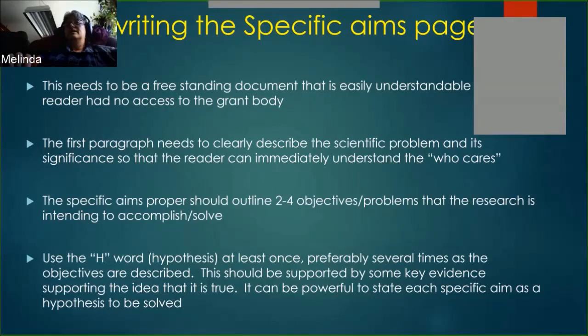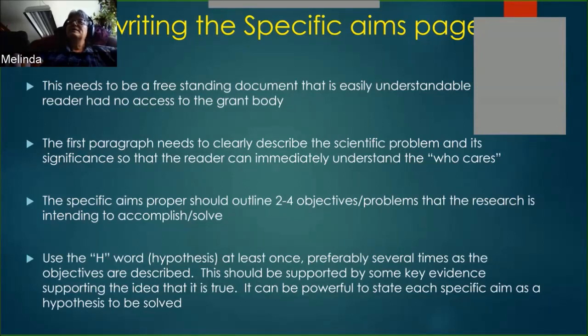But to be honest, I have 2 R awards, and both of my R awards have 2 aims. It's okay to write only 2 aims. Writing 3 is kind of more standard. Writing 4 gets to be quite a bit much, and usually if you're writing 4 aims, you should probably be thinking about collapsing it down to 2 or 3.